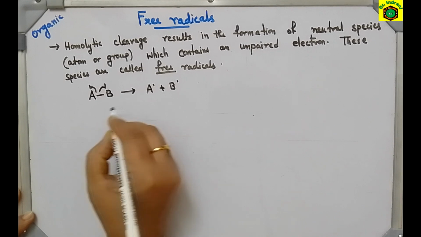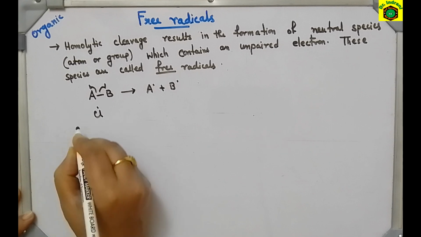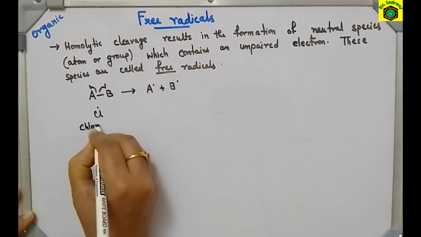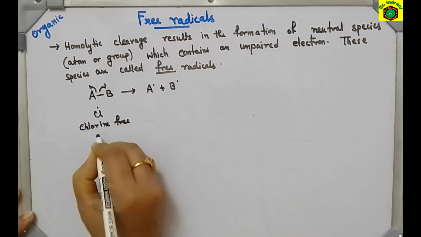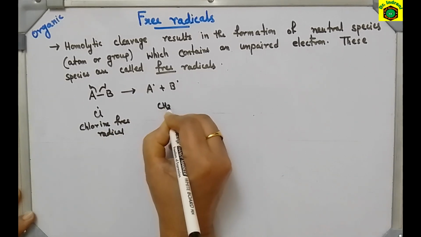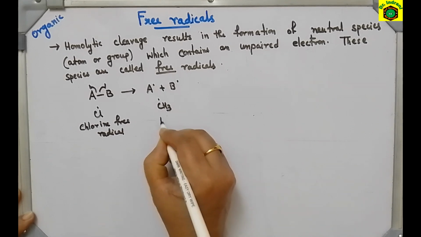Now, see, examples of free radicals are this one. It is called chlorine free radical. This is methyl group CH3. So, methyl free radical.